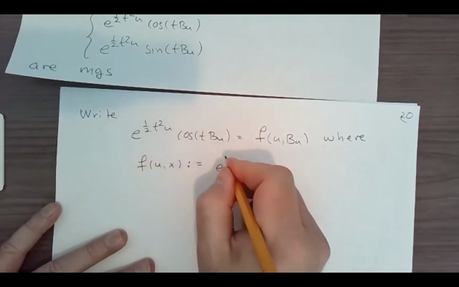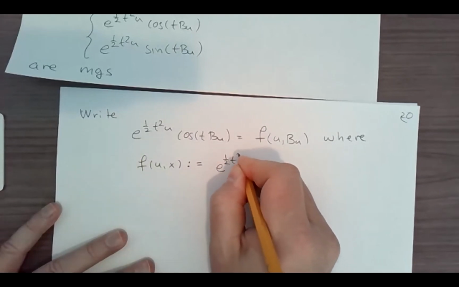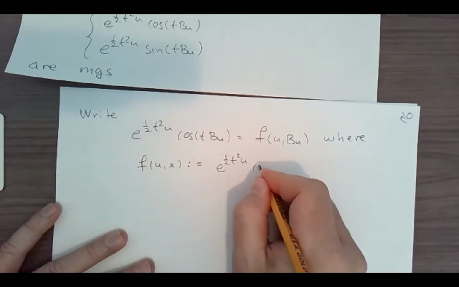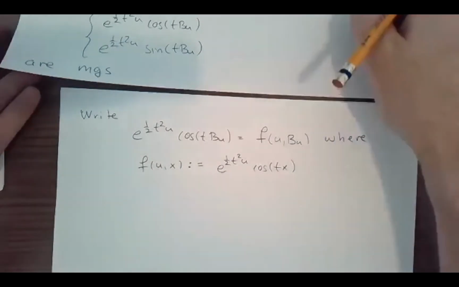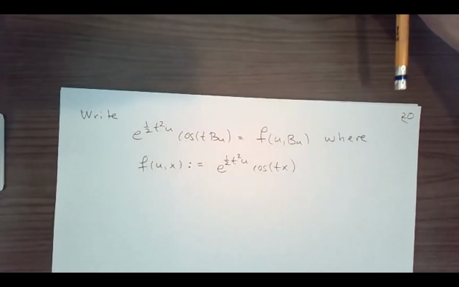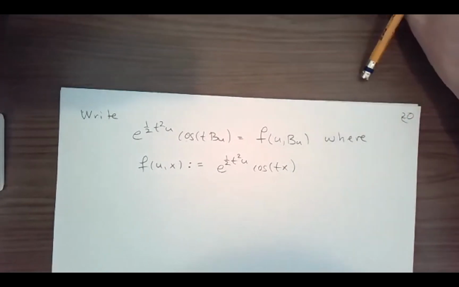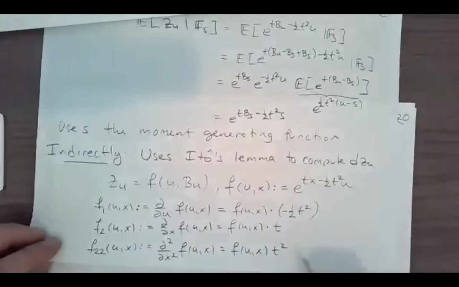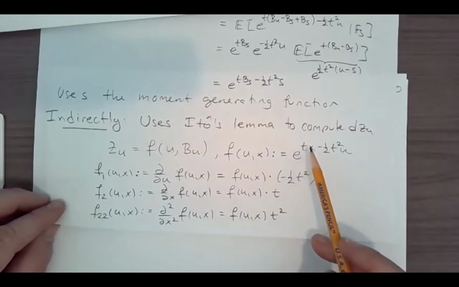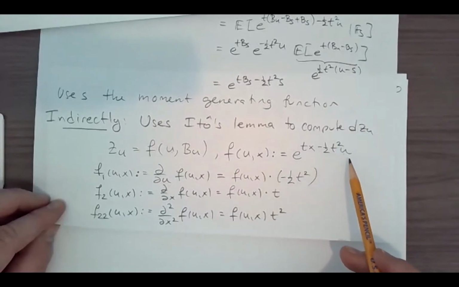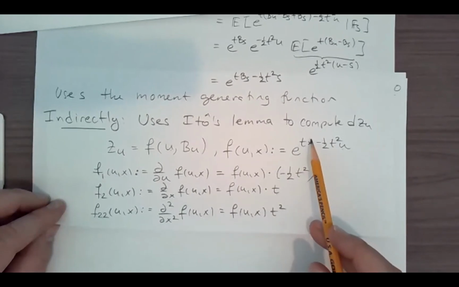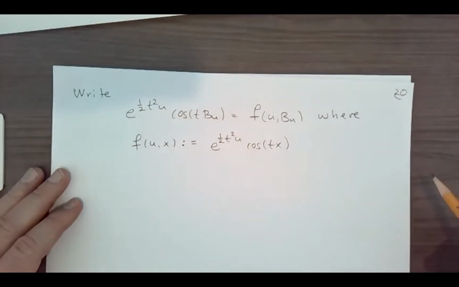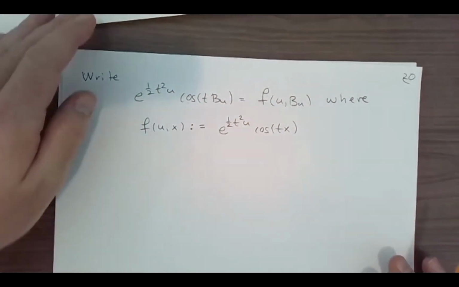This is going to be e to the 1/2 t squared u, and then you get your cosine tx. So it's similar, but not quite the same as what we had before. The function we had before was e^(tx - 1/2 t squared u). So this e to the tx has now been replaced by a cosine of tx. Other than that, it's the same.